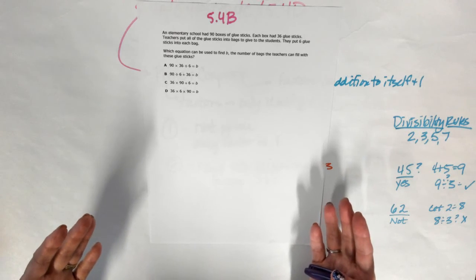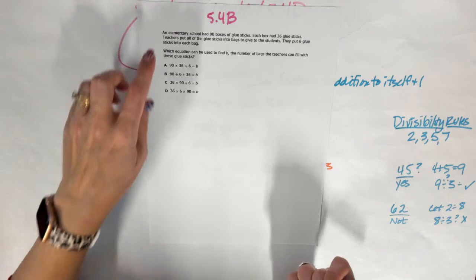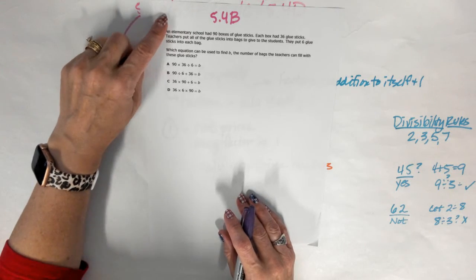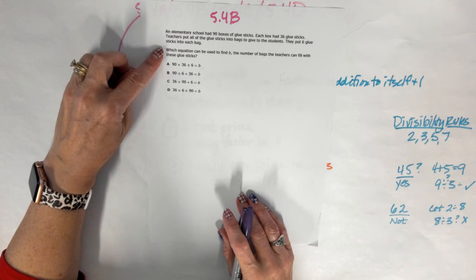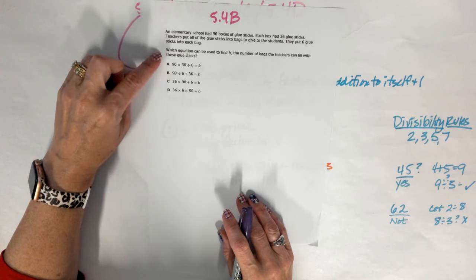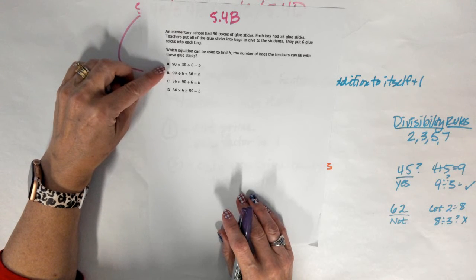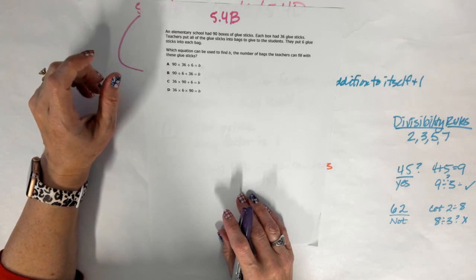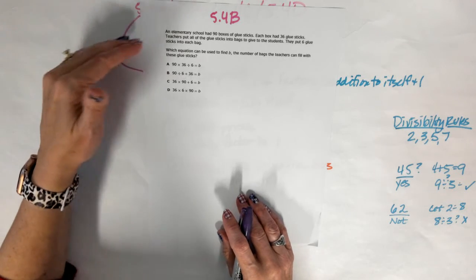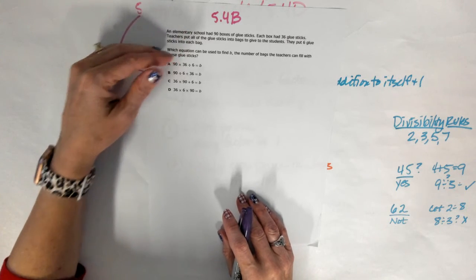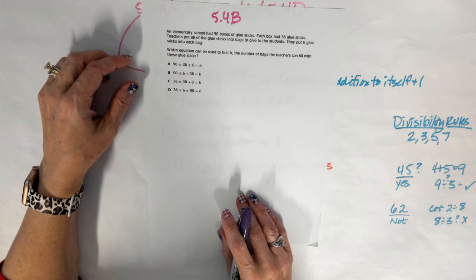The other way that this TEK is set up is students will be given a really long wordy word problem, and then they're given the equation. And it might say, use the equation 90 times 36 divided by 6 to solve for B. They don't have to worry about anything in the word problem. They're already told what equation to solve for.